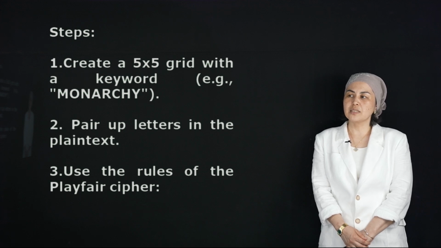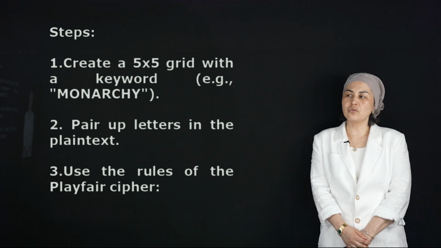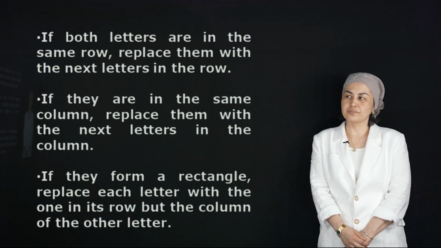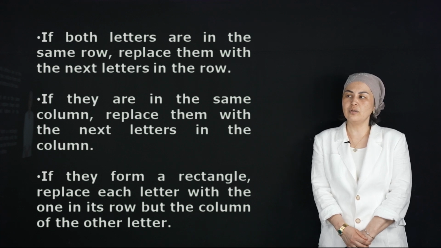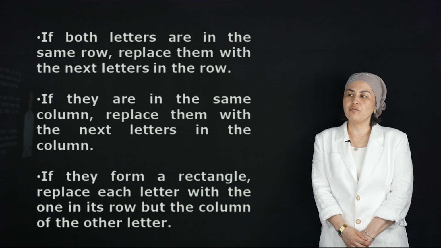Pair up letters in the plaintext and use the rules of the Playfair cipher. If both letters are in the same row, replace them with the next letters in the row. If they are in the same column, replace them with the next letters in the column. If they form a rectangle, replace each letter with the one in its row and the column of the other letter.